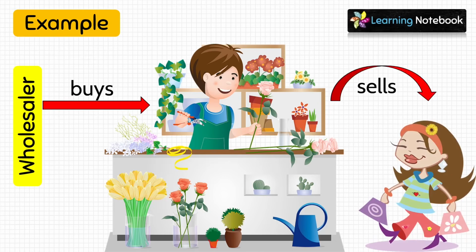So the price at which he buys flowers is known as cost price, or we call it CP. And the price at which he sells the flowers is known as selling price, or we can call it SP.